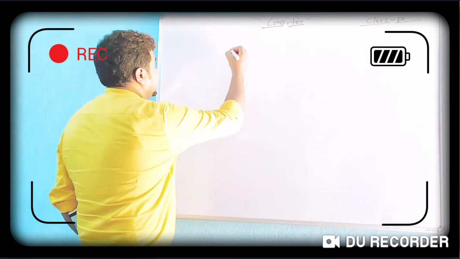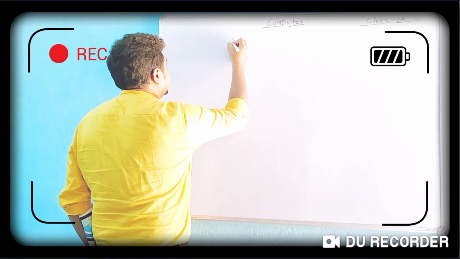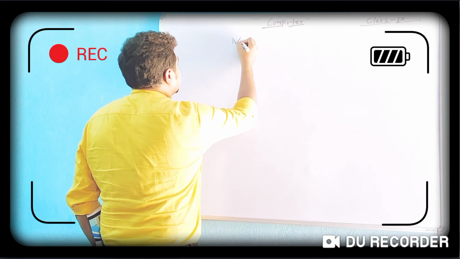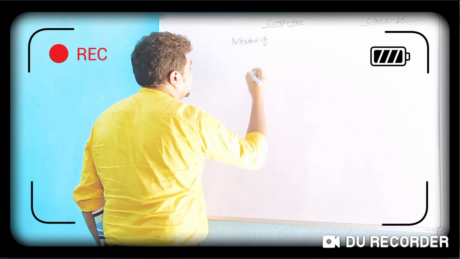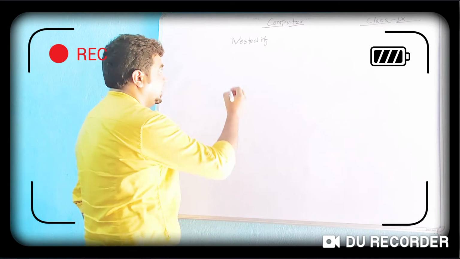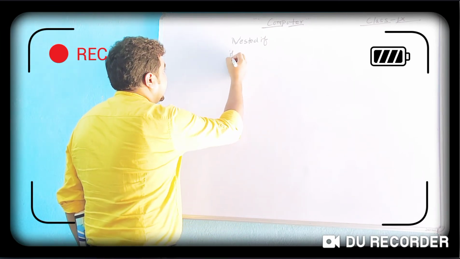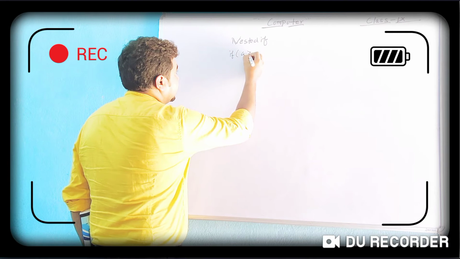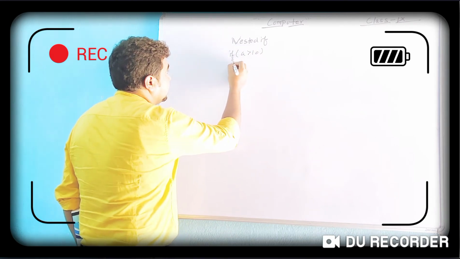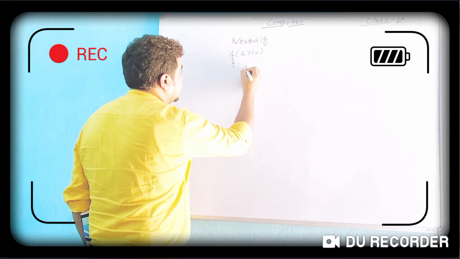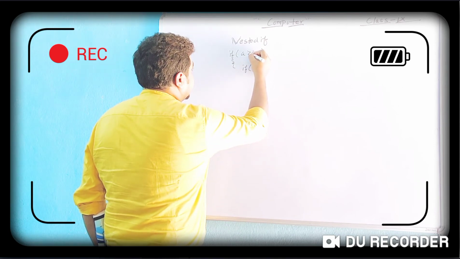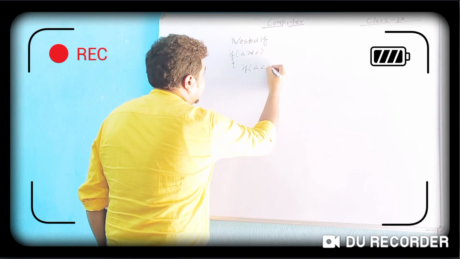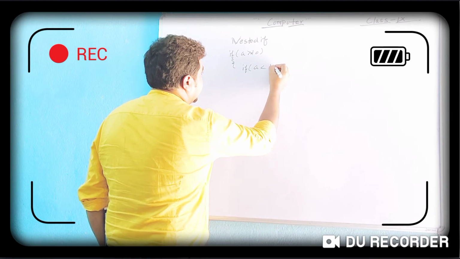Okay, so now I am going to discuss nested if. Nested if is basically when you want to use if inside if. Like if a is greater than or equal to 10, then I am checking whether a is less than 100.